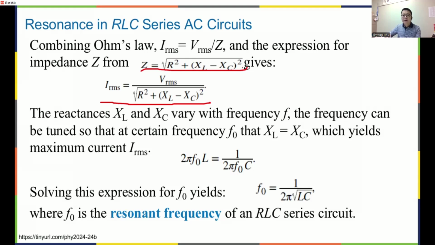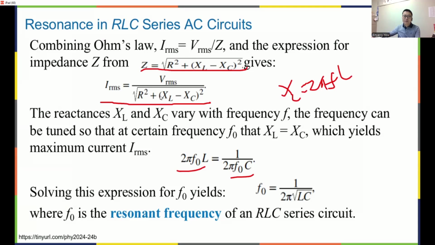Since XL is a function of frequency, XL is 2 pi F times L, and this is XC, so it's also a function of F. Now, what happens if these two equal each other?